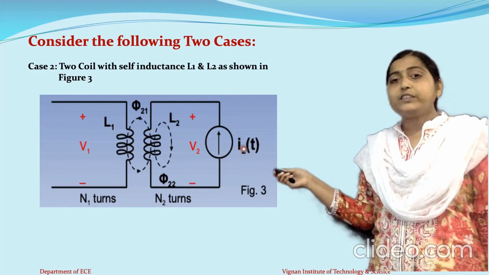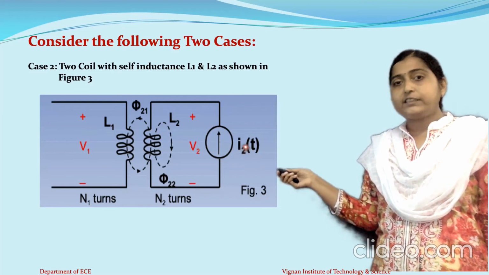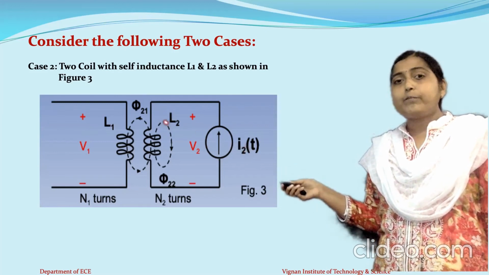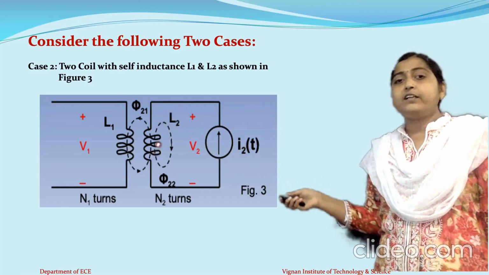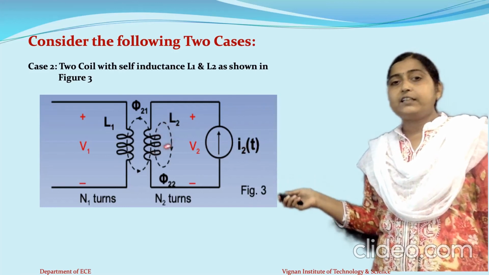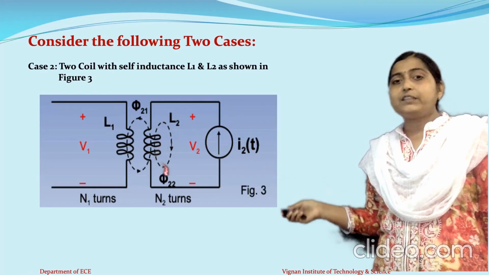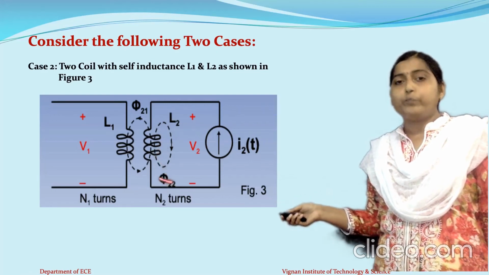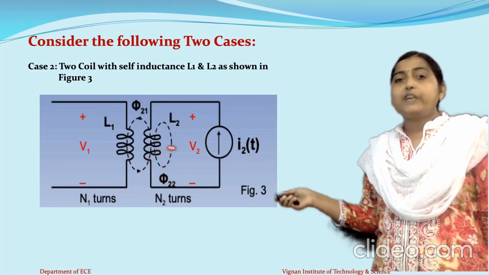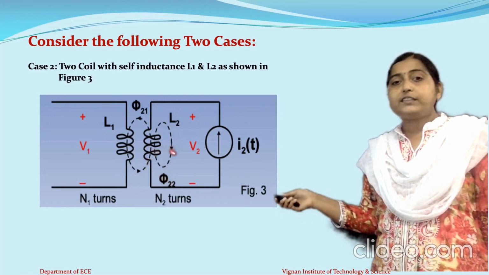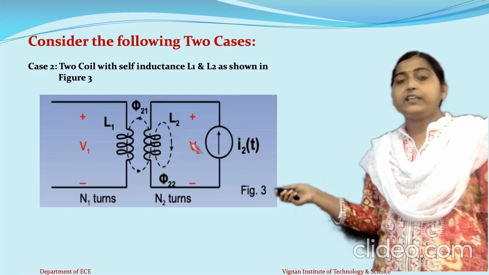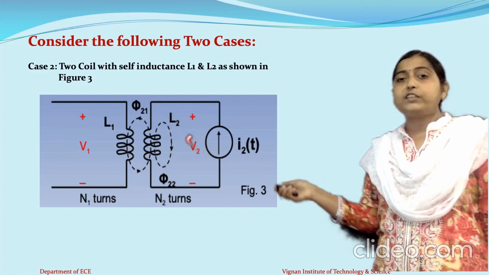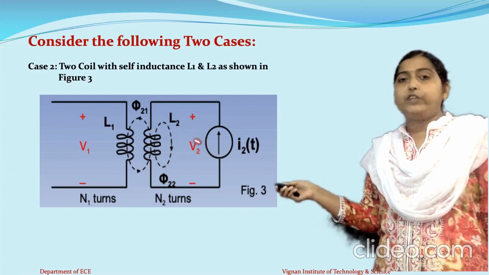Now because of this current flowing through inductor L2, some flux is linked across this inductor L2. Let us represent the flux linked across L2 as phi 22. Because of this flux linked across the second inductor, some voltage is induced across it, which is represented as V2.